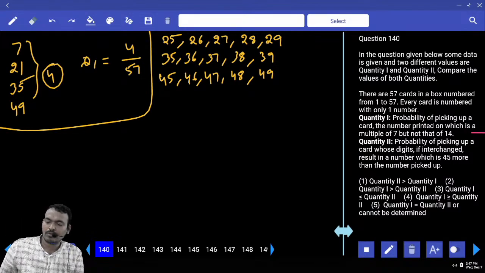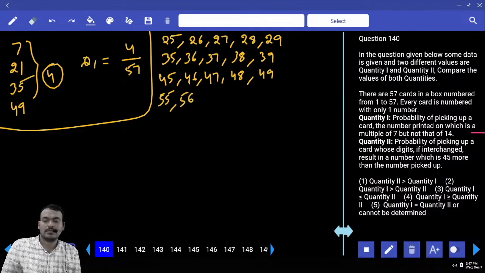But here numbers go up to which one? 57. Suppose you consider 55, interchanging gives 55. 56 gives 65. Next one, 57, interchanging gives 75.